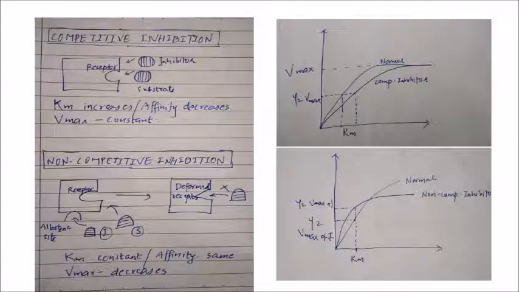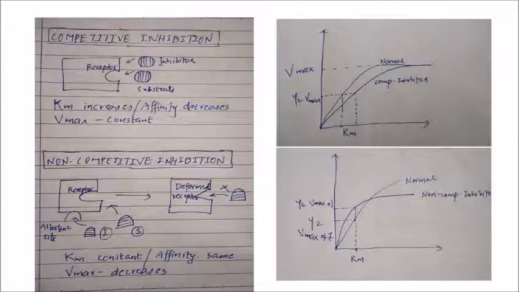One more thing is Km is inversely proportional to affinity. We can think of it in this way also. When only the substrate is present, the receptor has a particular affinity for the substrate. When inhibitor is also present, the affinity of the receptor for the substrate decreases. Km and affinity are inversely related. Km increases and affinity decreases.